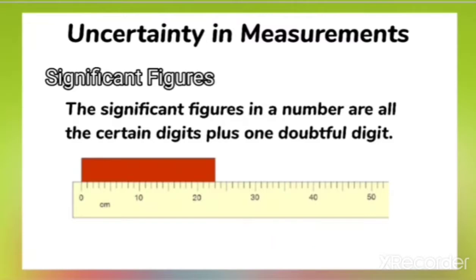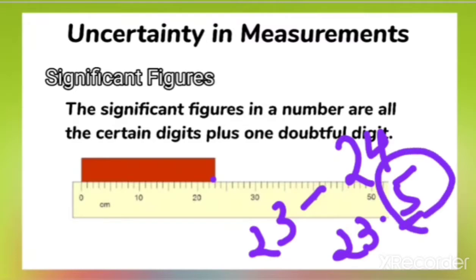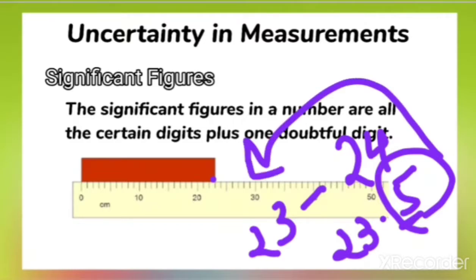That means if it lies between 23 and 24 centimeter, we will assume that the value will be 23.5. In order to represent the first place of decimal point, this scale is not sufficient. We need a scale in which millimeters are also represented.